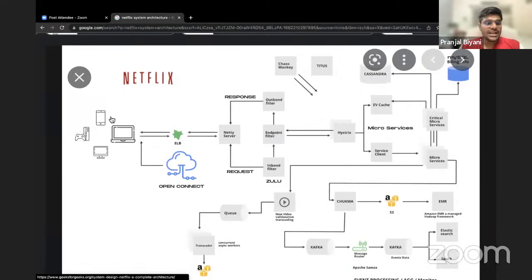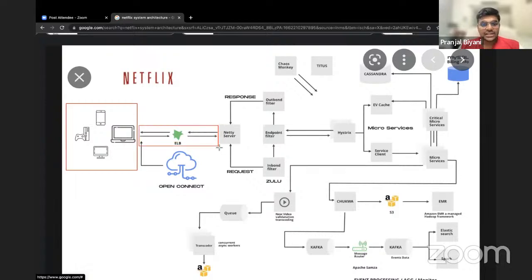Netflix can be accessed via multiple platforms: a laptop, a desktop, a computer, phone, PS, whatever. Using that, you can access it. This is accessed by an internet connection. The internet connection is served by the NetEase server. The NetEase server gets responses from all of these individual backend servers.